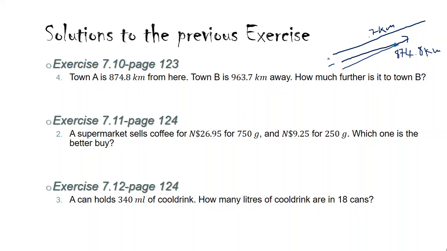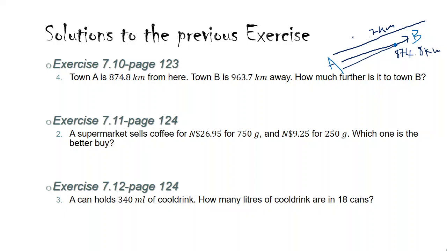Then town B is 963.7 kilometers away. Now we need to find how much further it is to town B.